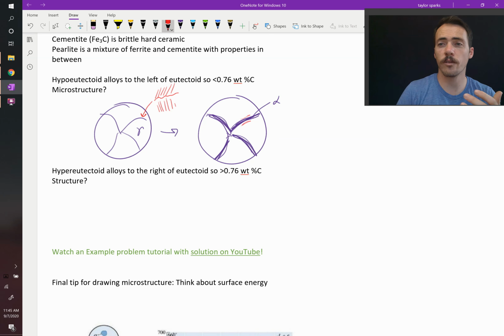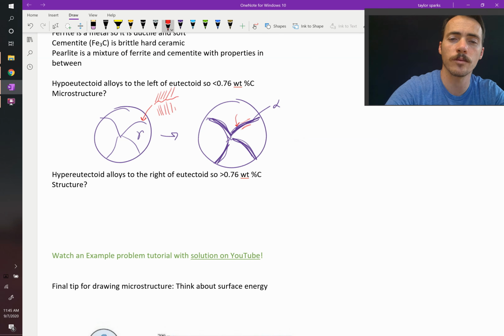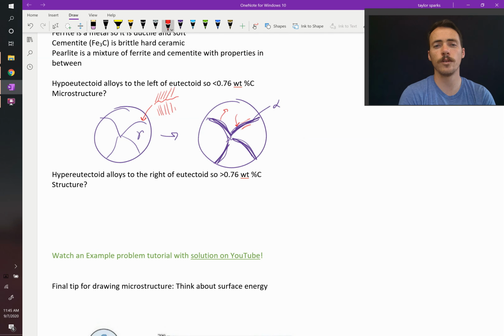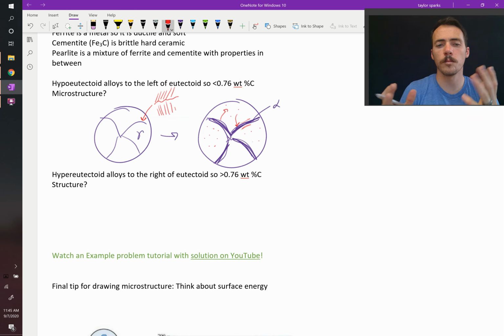Now, in order for that to happen, you have to diffuse atoms to or away from these regions, from the bulk. Maybe you have to diffuse it away from there or to it. And if your diffusion is not fast enough, then you won't be able to do that. Instead, what you'll form is this alpha phase forming as precipitates. We'll talk more about precipitate hardening in a later chapter.